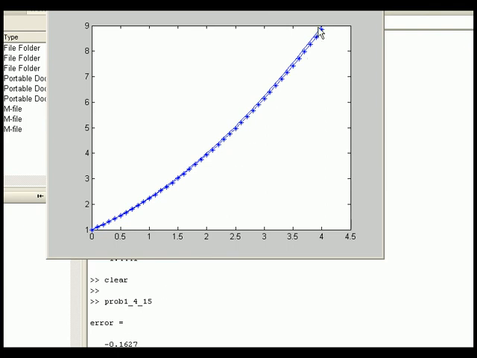And now you can see the solution is much better. The solid line is still the exact solution. But now Euler's method is looking down every 0.1 seconds, so it's following the slope field more accurately than it did with h equal to 1.